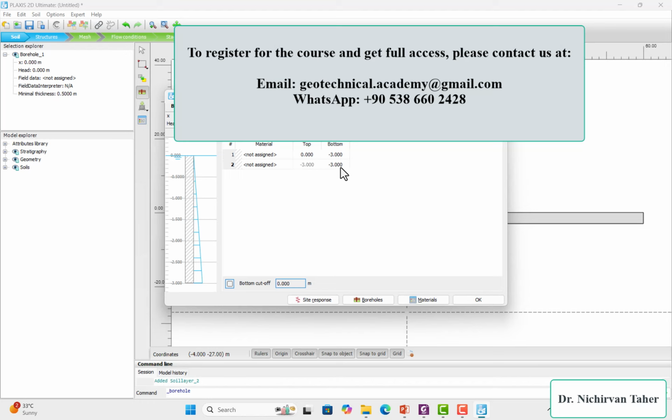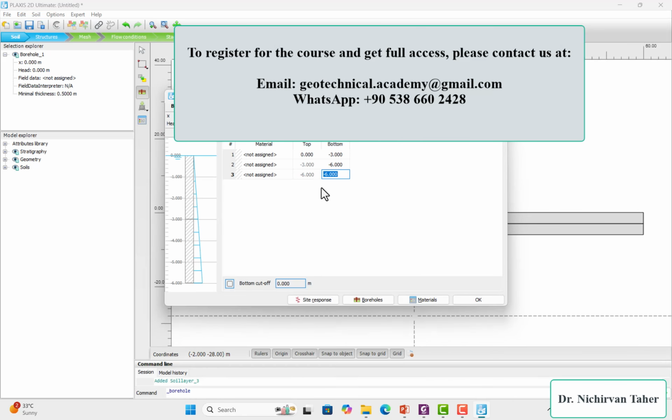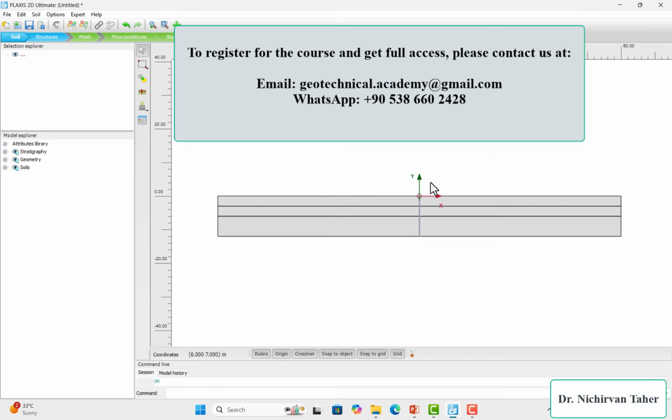After that we will also have minus 3 to minus 6, and then we will add one layer for the sandy soil, which is 6 meters, so this one will be minus 6 to minus 12, and we click OK. As you can see we defined the soil stratigraphy for our model, and right now we can start defining the material properties for the embankment and all other soil layers.